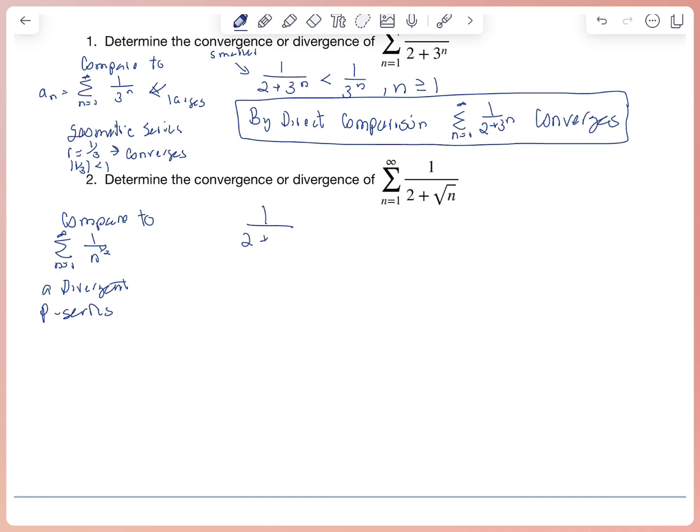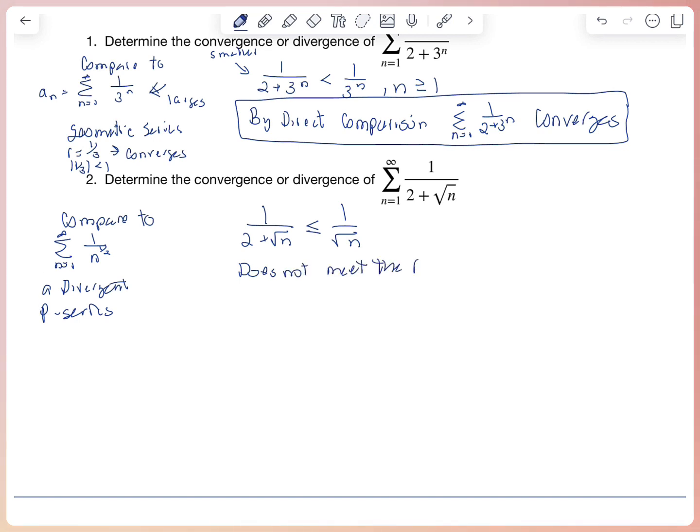And so I need to compare our fraction to our given, our b sub n and our a sub n together. And I see that 1 over 2 plus the square root of n is smaller than 1 over the square root of n. But I'm comparing it to a divergent series, and the divergent series must be larger than the given series.